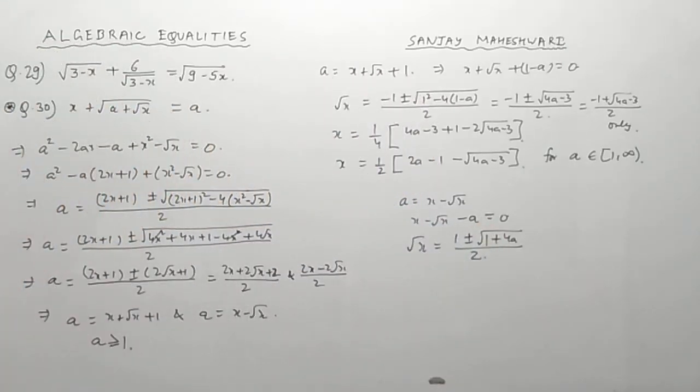So root x is equal to 1 plus minus root over 1 plus 4a divided by 2.